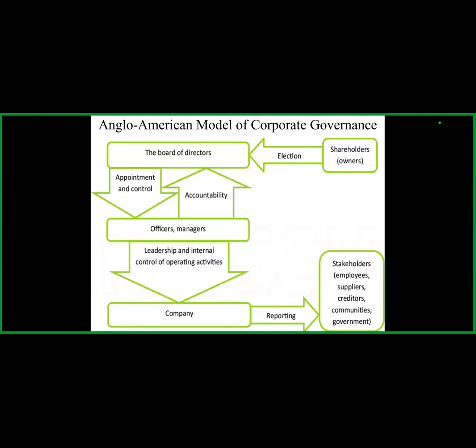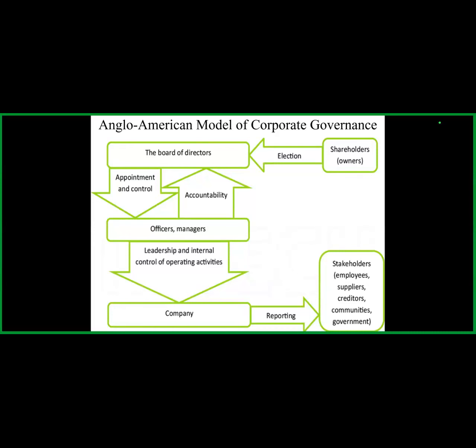So the owners here are the shareholders. The shareholders, who are holding shares of the company, elect the highest authority of the organization, and that is the board of directors.